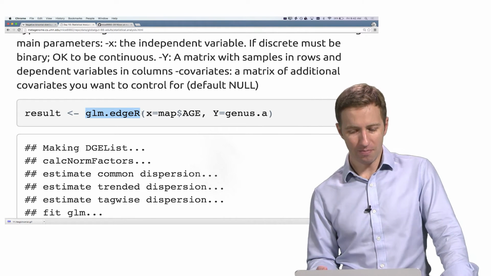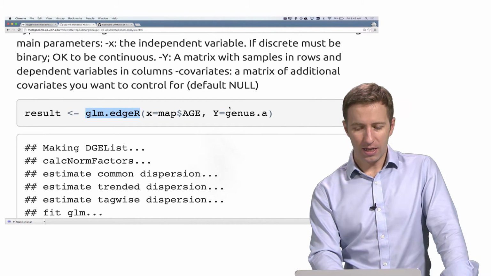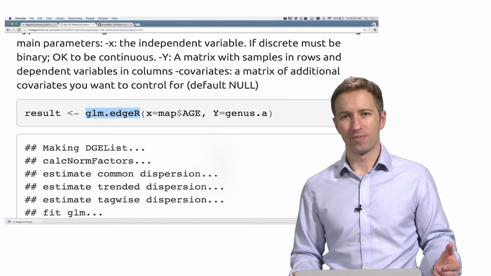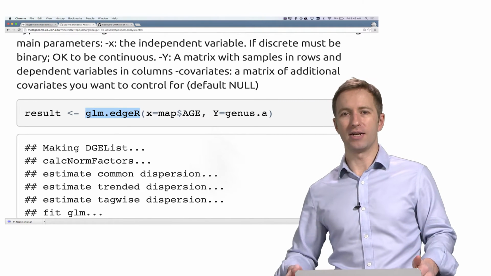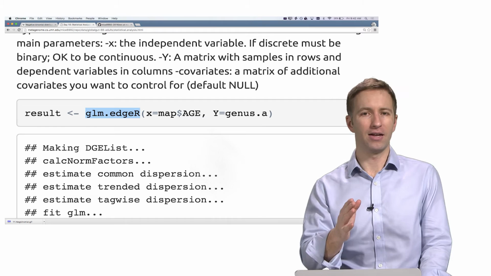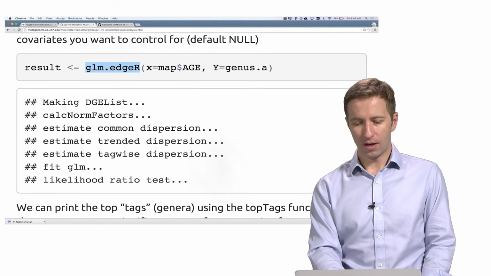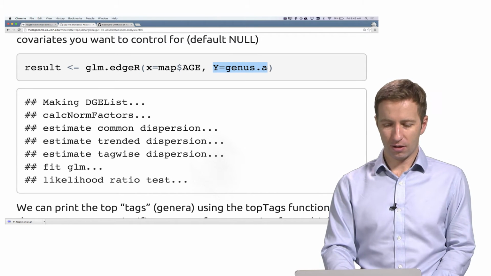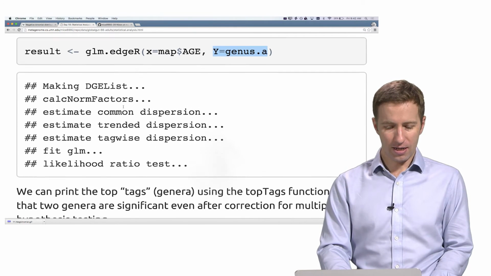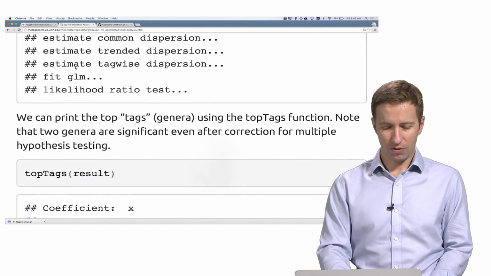So this is usually a matrix where it's the whole table of genera. And this function is going to run the test on each column of that and give me the results using the negative binomial regression. So here's how we'll run it. And it does a few things.